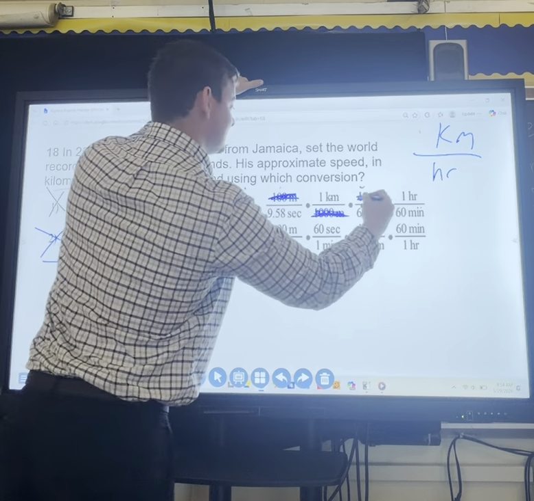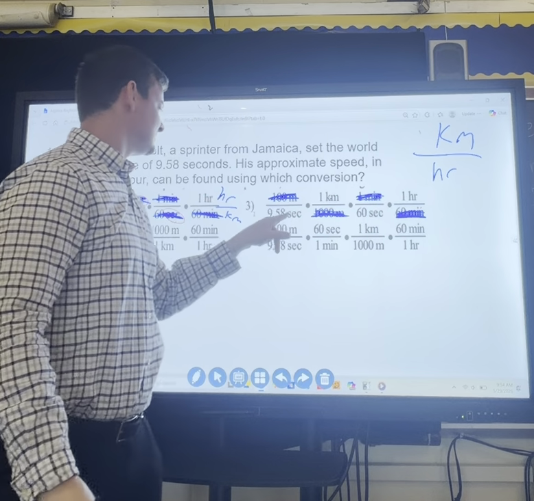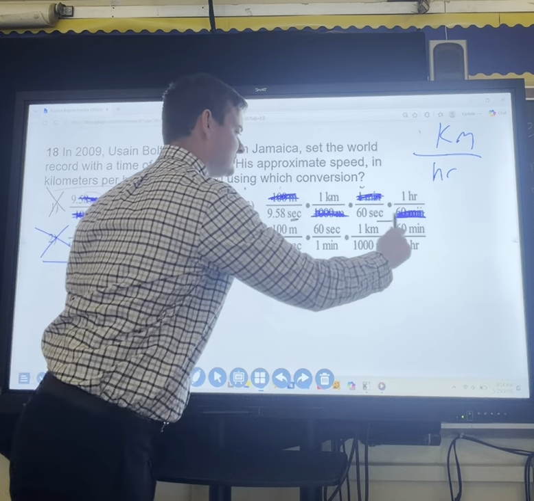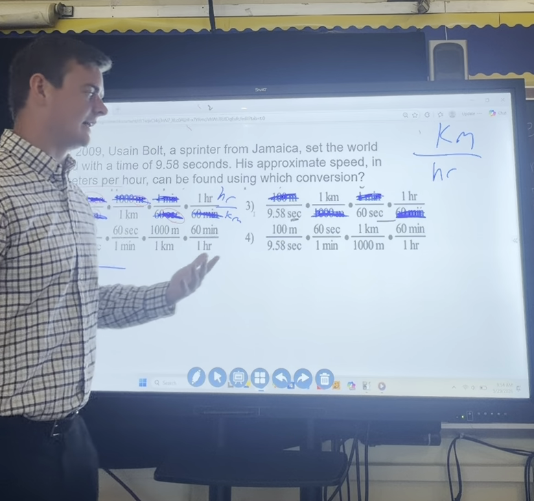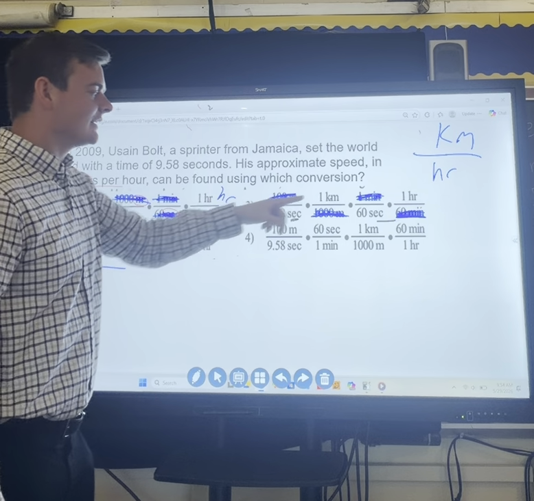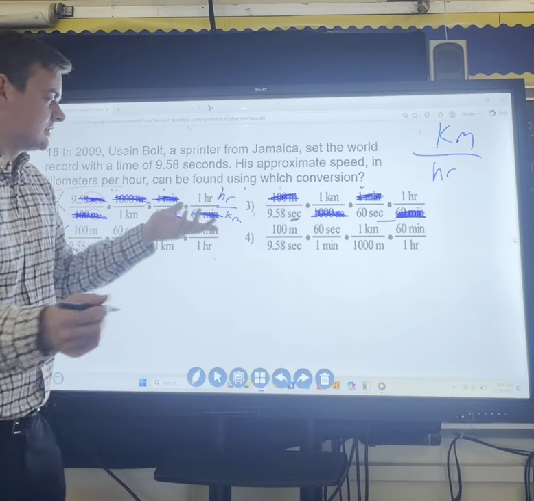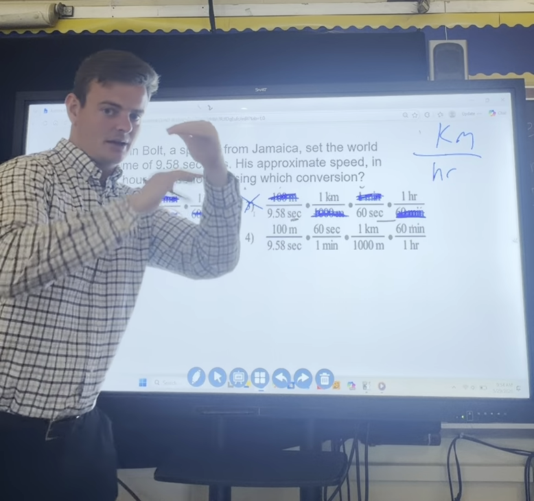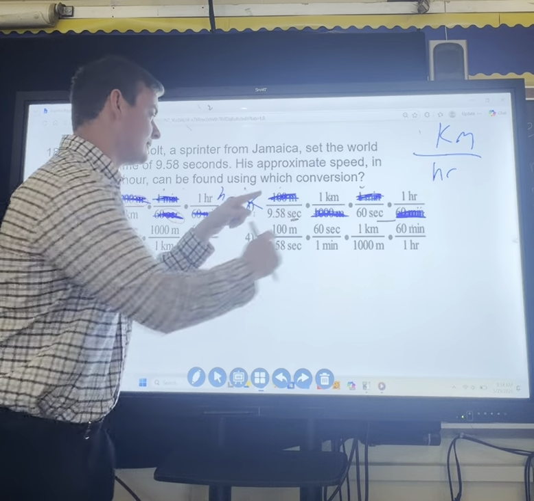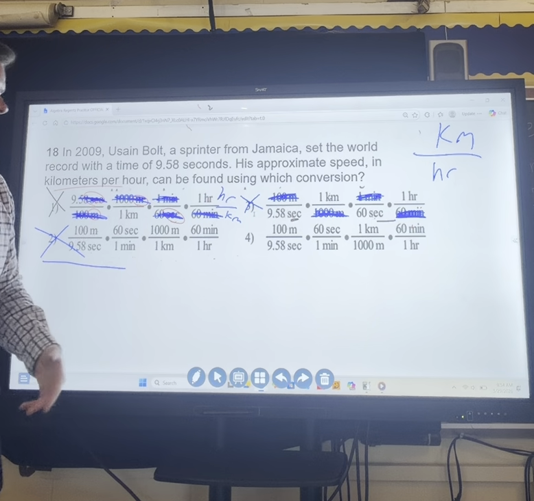I see minutes, gone, gone. Hours, I see that there's seconds on bottom twice. And I can't cross off anything anymore. I'm not left with kilometers on top, hours on bottom. The seconds I can't get rid of, this is just wrong. Whenever I see the same unit on the same level, either the same unit on bottom or the same unit on top, I know it's instantly wrong.